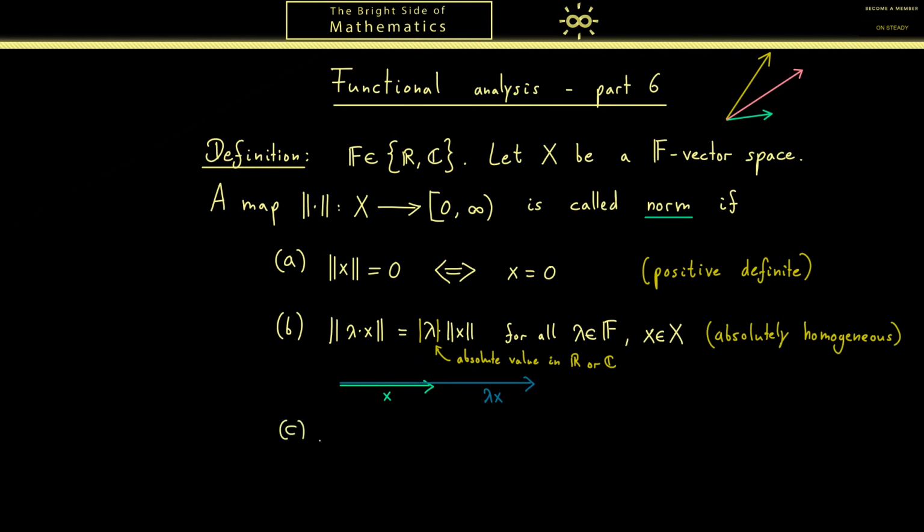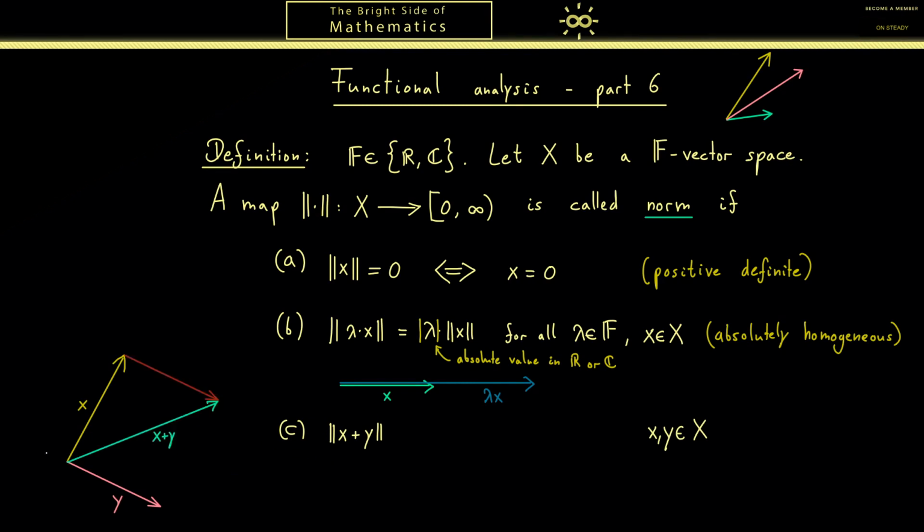Okay, so we are in a vector space. We have 2 operations, the scalar multiplication we had in B, and now in C we have to explain what happens under the addition. So let's look at 2 vectors x and y. You already know how to visualize the addition in a vector space. You just put the 2 arrows together to get a sum.